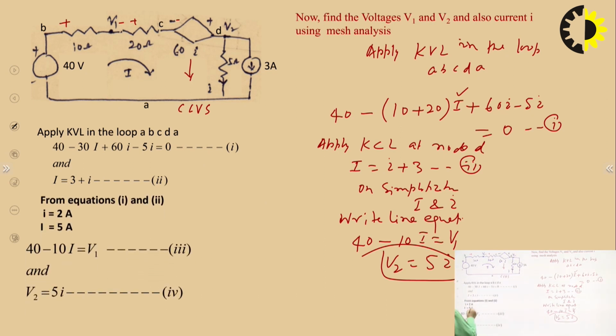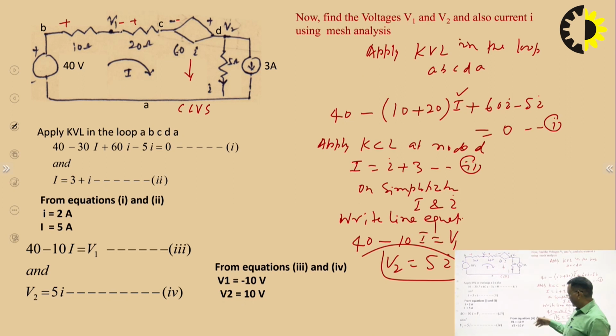This way we can get the values of V1, V2 and I using the mesh analysis. So remember, applying the node analysis we use Kirchhoff's current law, and applying mesh analysis we use Kirchhoff's voltage law.